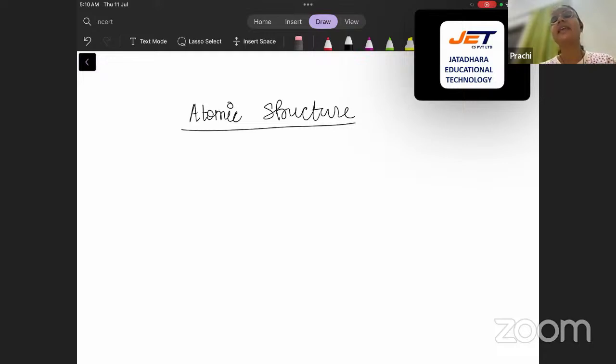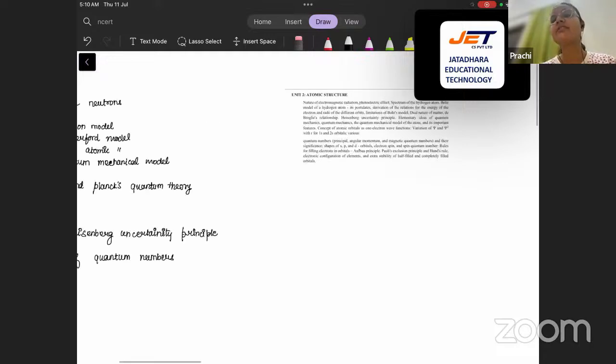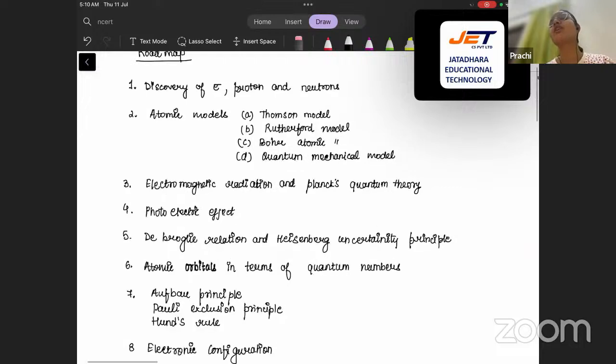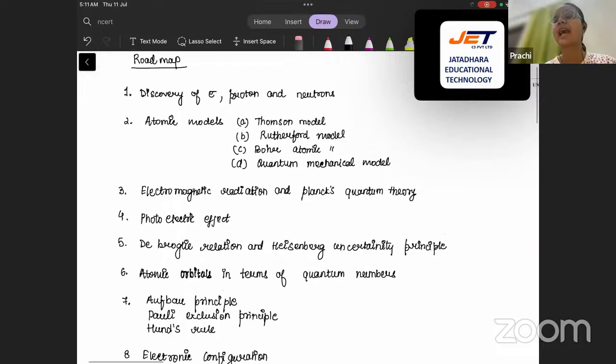So, here in this chapter, we will learn about the discovery of electrons, protons, and neutrons. And then, after learning that, we will learn about what were the different atomic models that were given to explain the structure of atom.